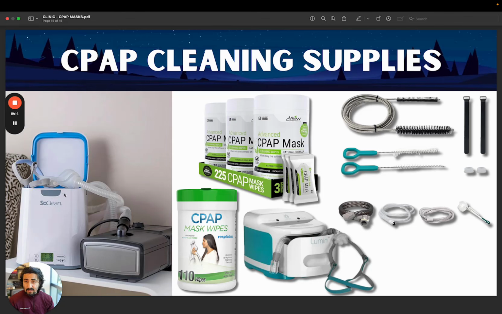Or the easiest thing is to clean your face, clean your mask and hose with soap and water when you go for a shower. And that seems to work reasonably well. When one goes for a shower, they can just clean the hose and the mask with soap and water, hang it on the shower head or on the shower pole or anywhere you think is convenient, and it's dry and ready to use for the following night.